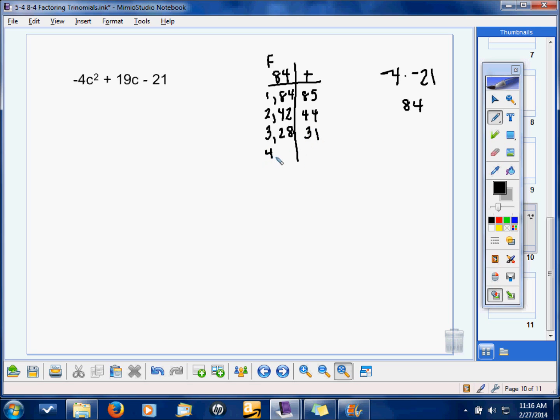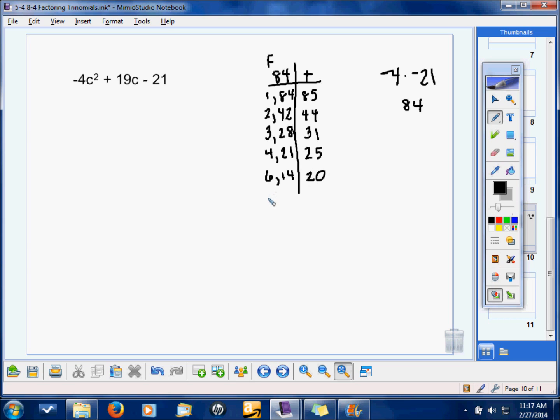4 goes in 21 times, and again, that's not quite it, but once again, we're closing in on it. What about 5? No. How about 6? 6 times 14 gives us 20. So that's not it.